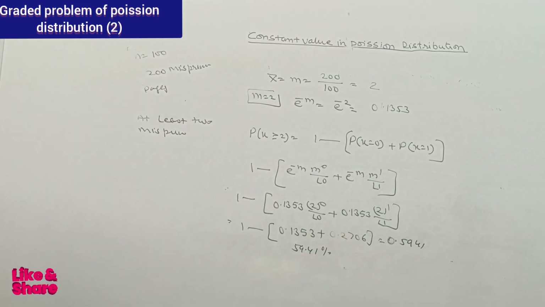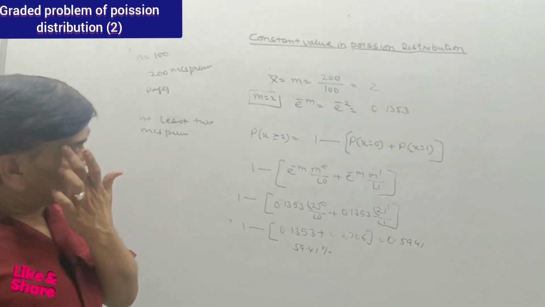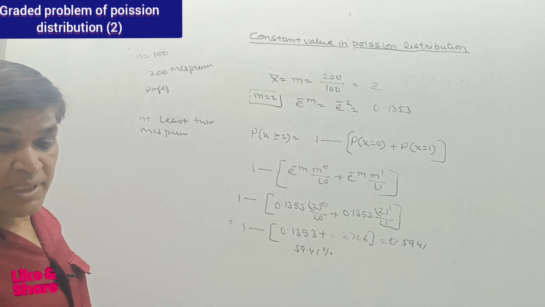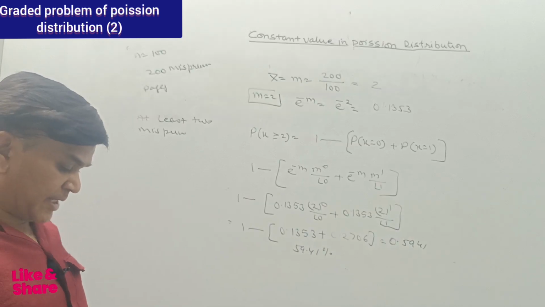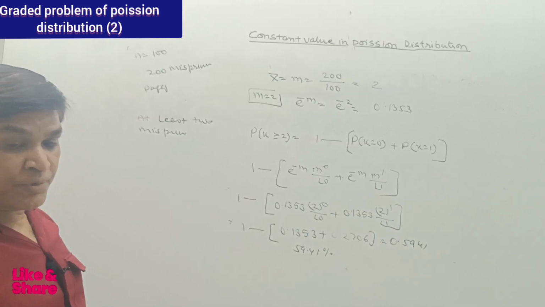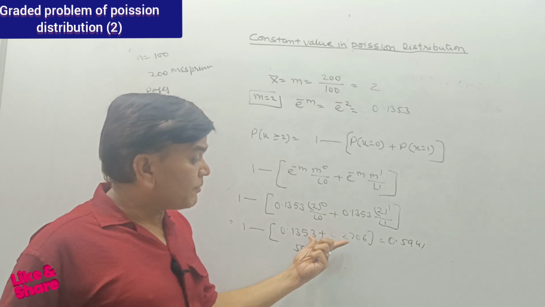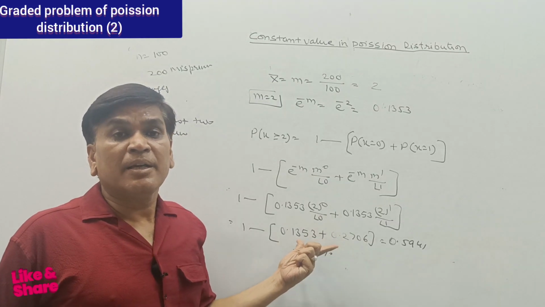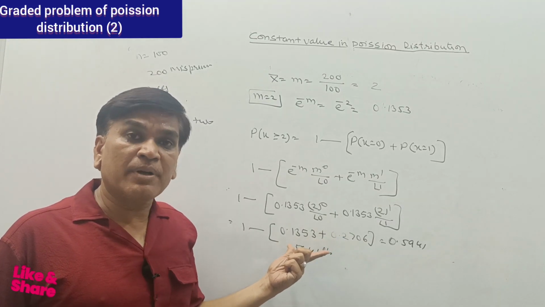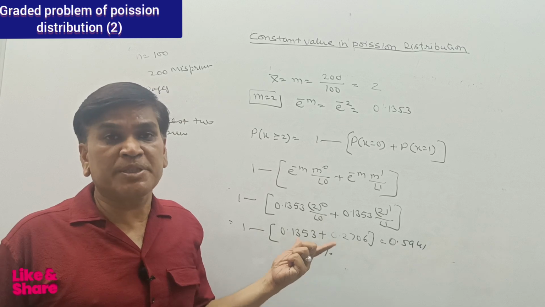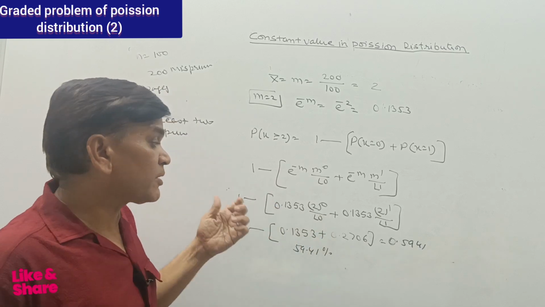So there is a 40.59 percent probability that there will be zero mistakes or 1 mistake.